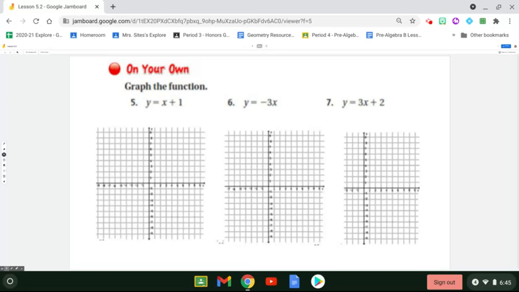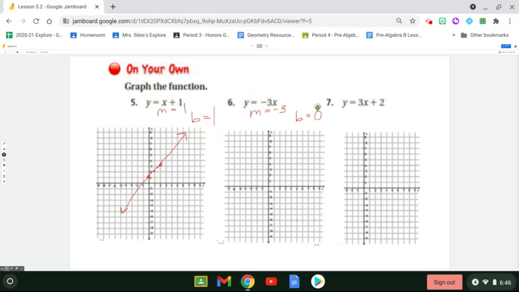Okay, with a slope of 1 and a y-intercept of 1, here's what your graph looks like. So here's number 5. For question number 6, you have a slope of -3 and a y-intercept of 0.